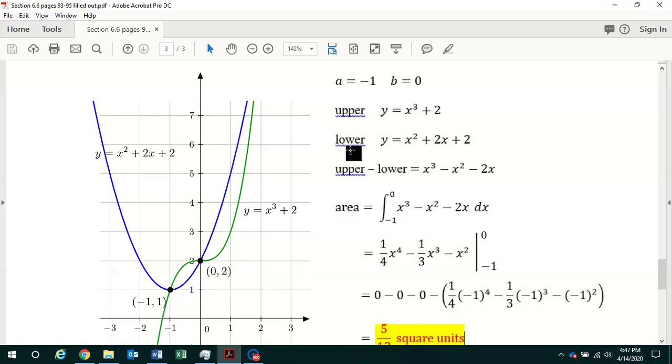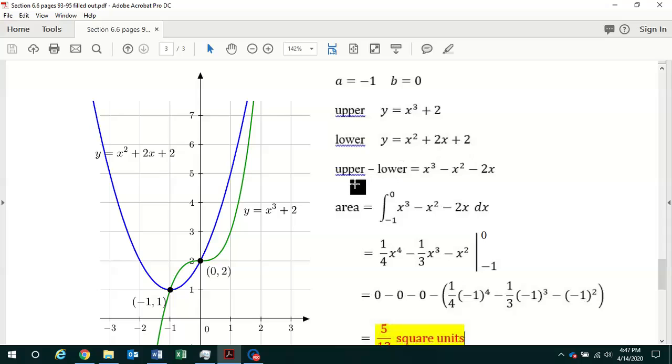Okay? So the two graphs intersect at x equals minus 1 and at x equals 0. So a is equal to minus 1 in this case, and b is equal to 0. The upper equation, as I pointed out, is y equals x cubed plus 2. The lower equation is y equals x squared plus 2x plus 2.